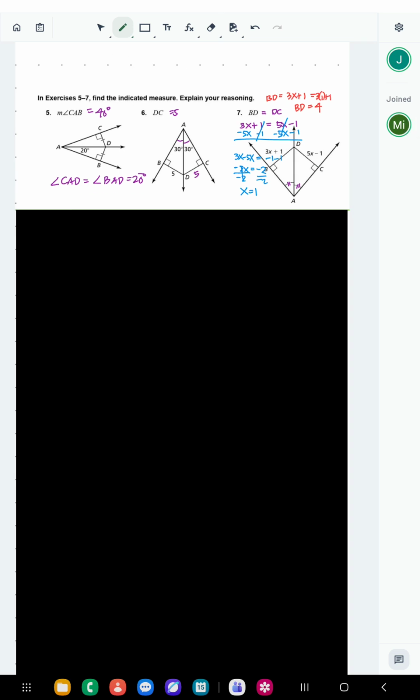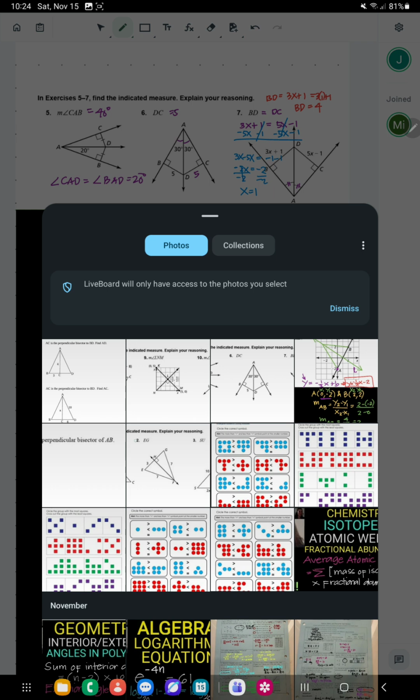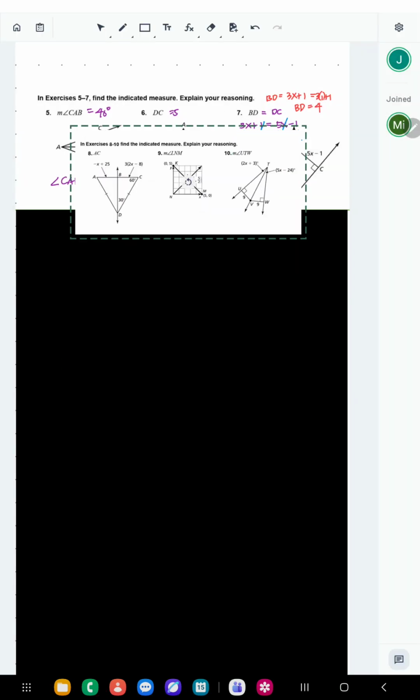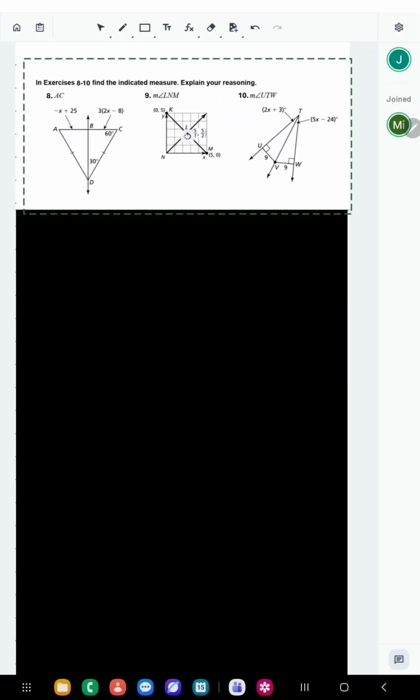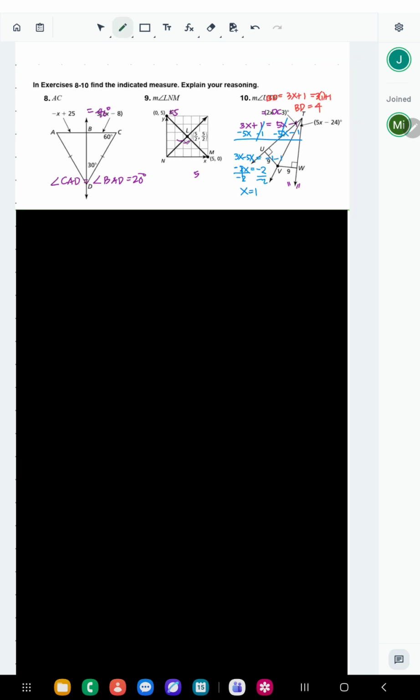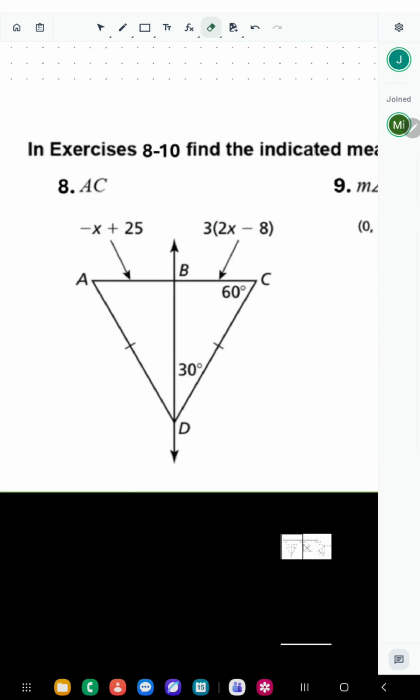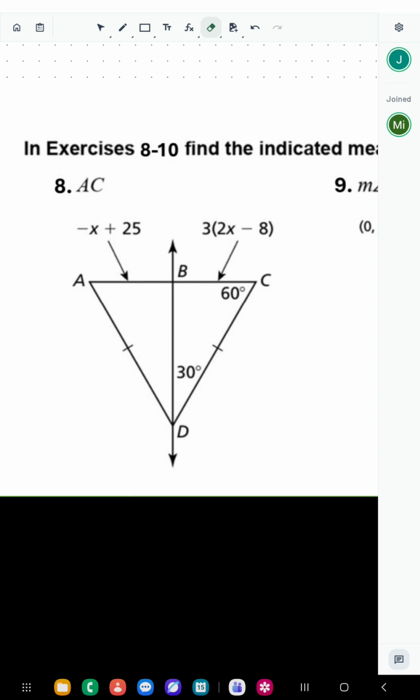Okay. Then we go to the next problem. Where is that? This one. Okay. Number 8, number 9, number 10. Okay, find the indicated measure. So this one is perpendicular bisector. Okay.